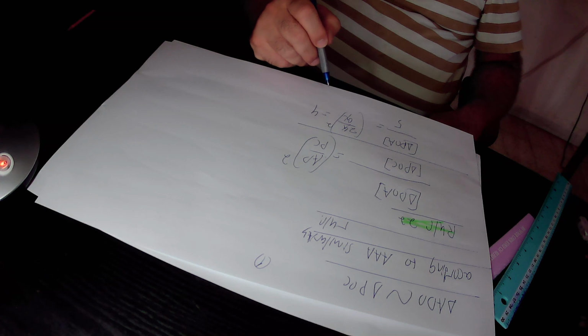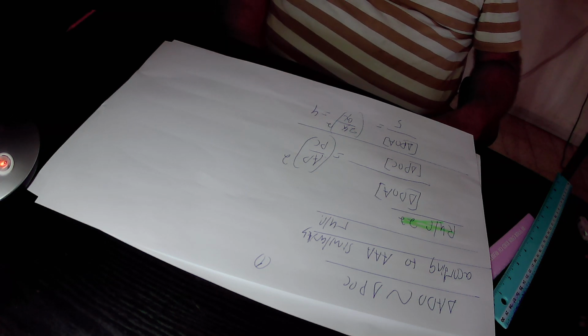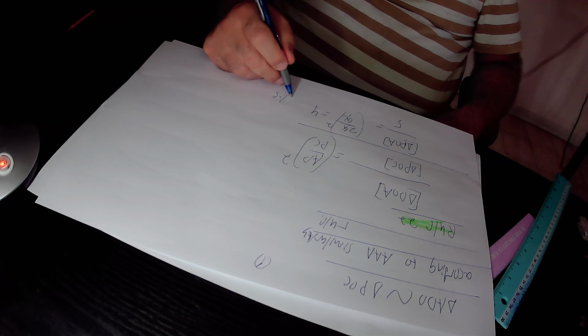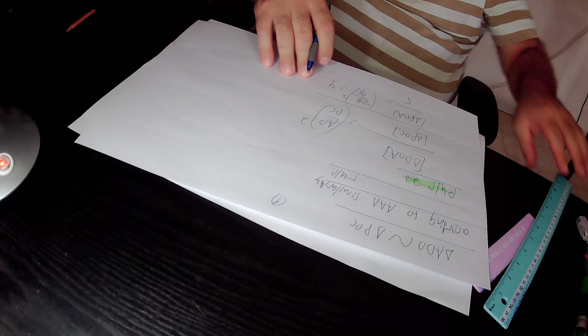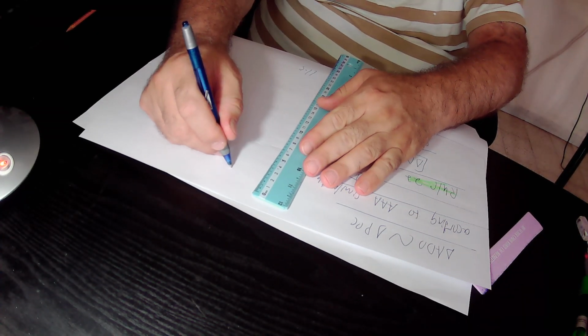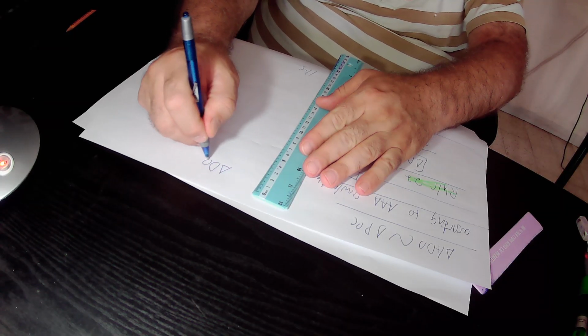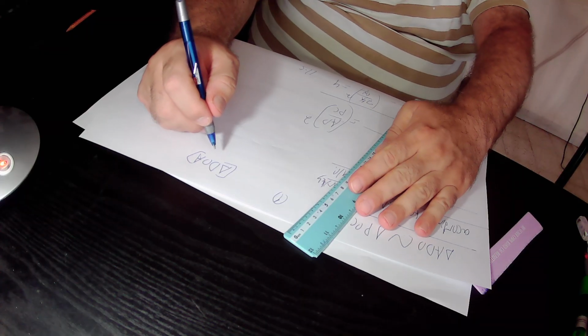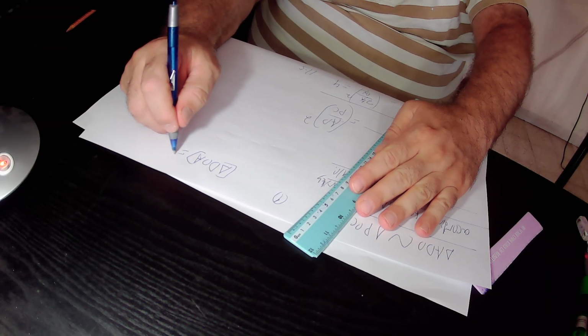So in total, the area of triangle DOA over 5 equals 4. Here we multiply this equation by 5, and we get that the area of triangle DOA is equal to 4 times 5, that is 20.